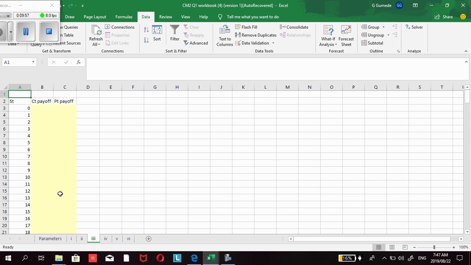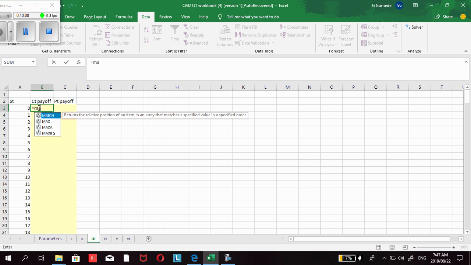Now, you'll recall the payoff of the call option and the payoff of the put option. For the call option, what are we going to have? I'm going to press equal to, and you recall the payoff of the call option is the maximum of ST for each value of ST given here, minus the strike price, which is 150, or it will be 0.